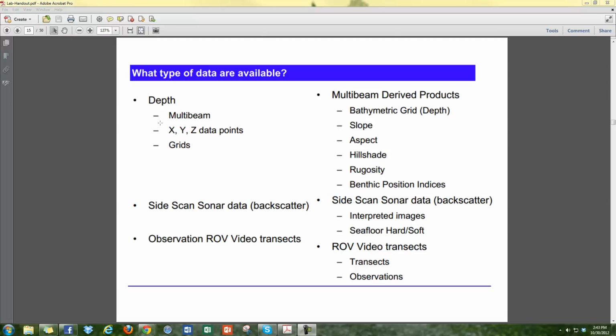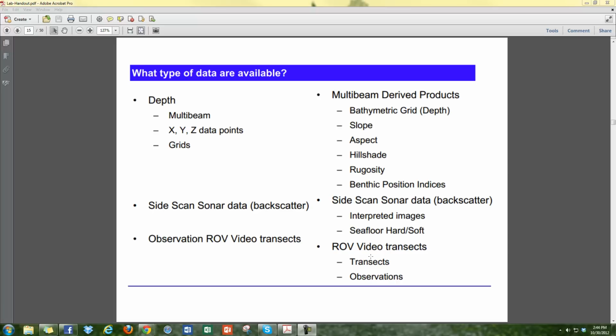With our multi-beam, we can make our bathymetry, from which we can get our slope, aspect, hillshades, rugosity, and BPIs, which are all the different parameters that we can use. From the other information, we can derive the same kind of imagery, and maybe we can interpret the imagery to see vegetation, what kind of seafloor cover there is, hard or soft? Maybe we can interpret the different kinds of dirt available. And then we have, of course, our transects and observations.